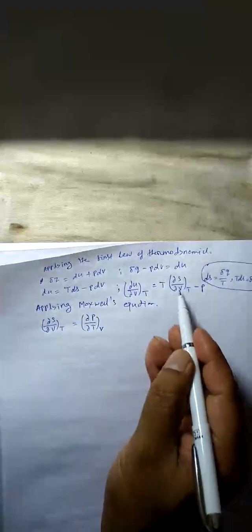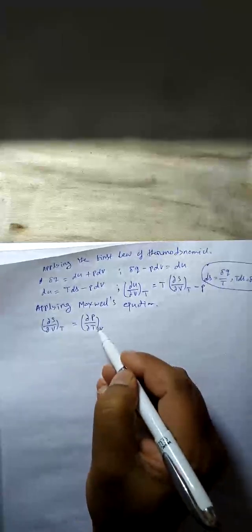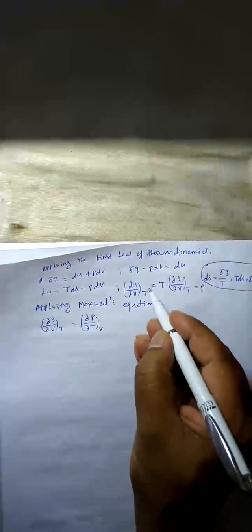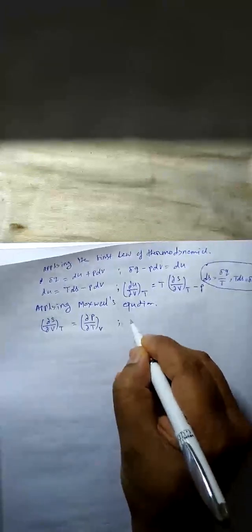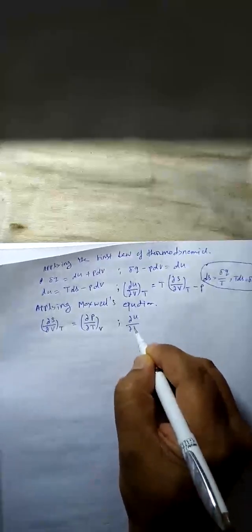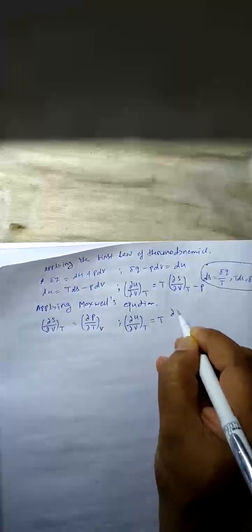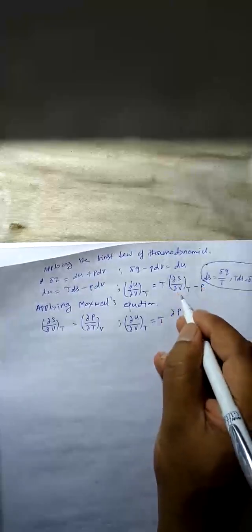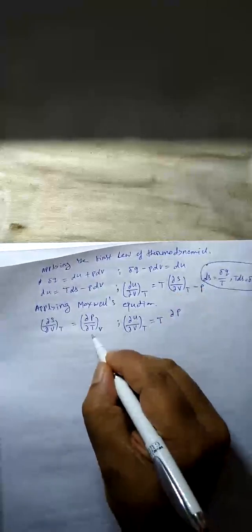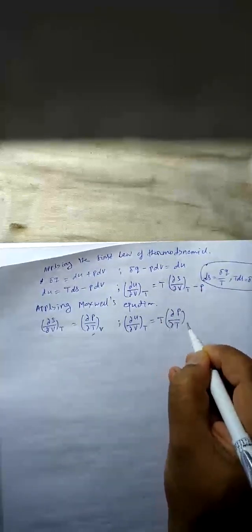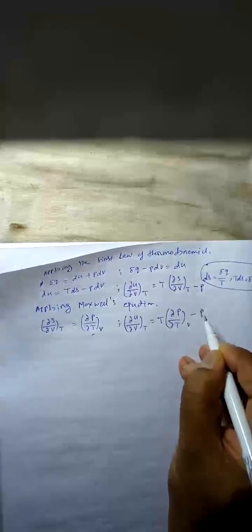So instead of ∂S/∂V, I can write ∂P/∂T. So this equation becomes (∂U/∂V) at constant temperature is equal to T (∂P/∂T) at constant V, then minus P.